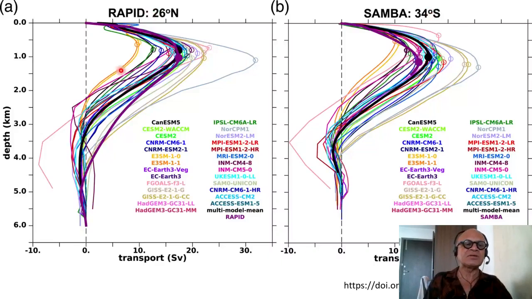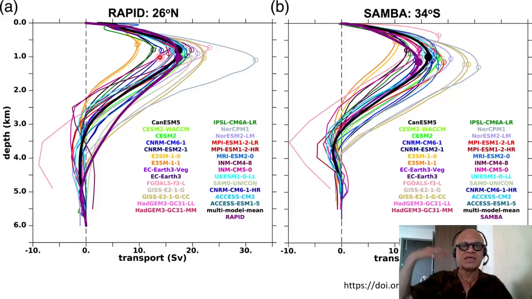And you can see that the vertical profiles are similar, and yet the differences in transports are tremendous. They are more than 100% away from each other.